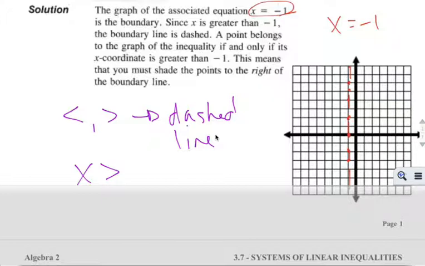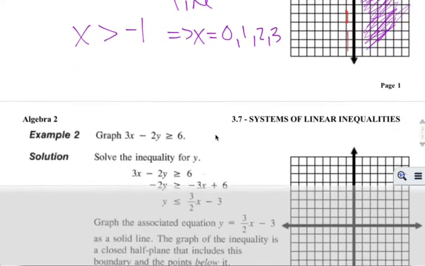What numbers are greater than -1? x could be 0 or 1 or 2 or 3. Those are all numbers on this side. So this is where we can shade. All of the numbers on the right side of this line solve our linear inequality.